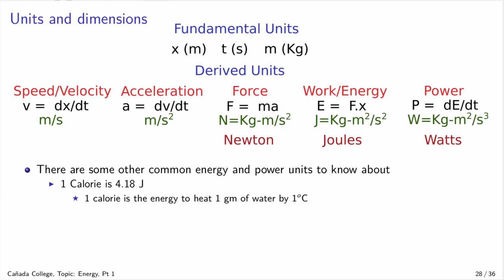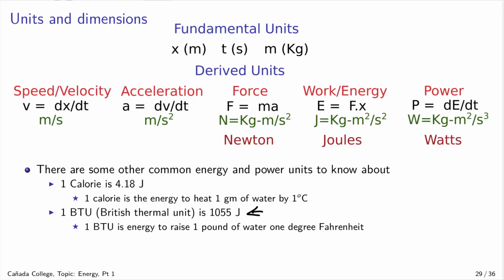Okay, so with that, let me just give you some common terms and common forms of energy units. We already introduced the calorie. It turns out that the SI unit of energy is the joule, and the calorie is 4.18 joules. And remember, the calorie is the energy to heat 1 gram of water by 1 degree centigrade.